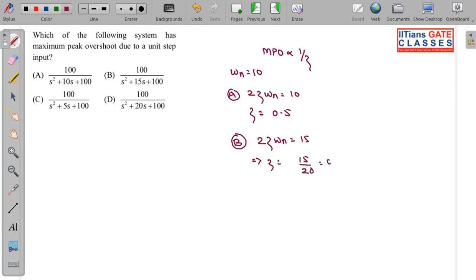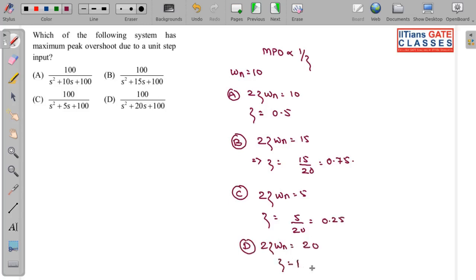So that is 3 by 4, so 0.75. In option C, 2 zeta omega n is equal to 5, or zeta is equal to 5 by 20, 1 by 4, so that is 0.25. And in option D, 2 zeta omega n is equal to 20, zeta is equal to 1.